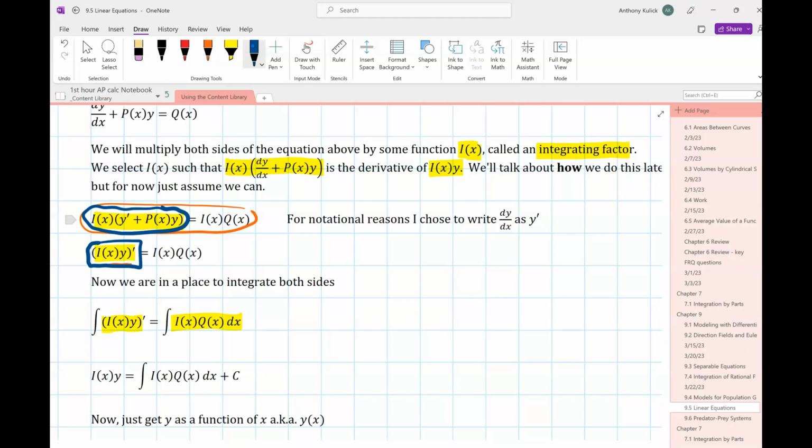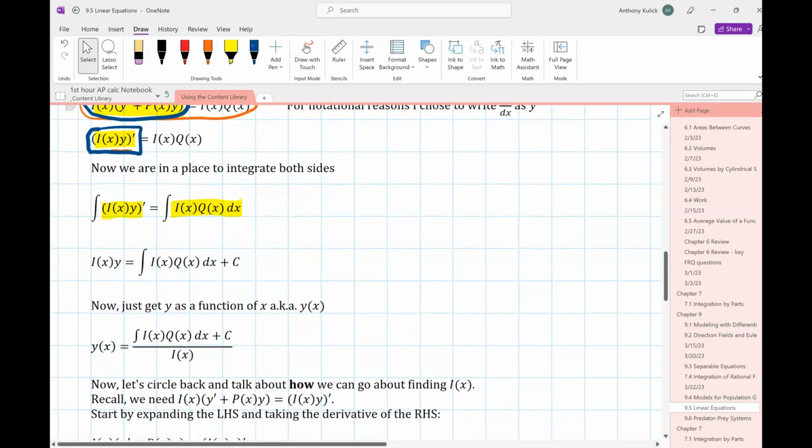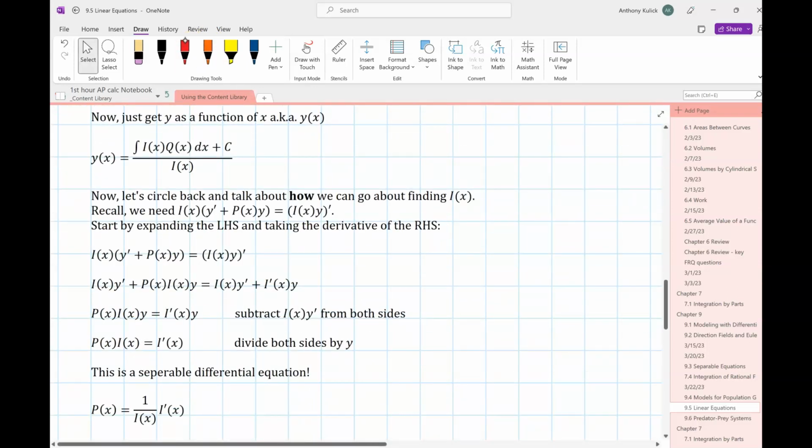When we go through and do it by hand with a specific function, it'll become a little more clear. We're just outlining how this is going to work right now and why it's going to work. Okay. All right, so how do we get this I of x?